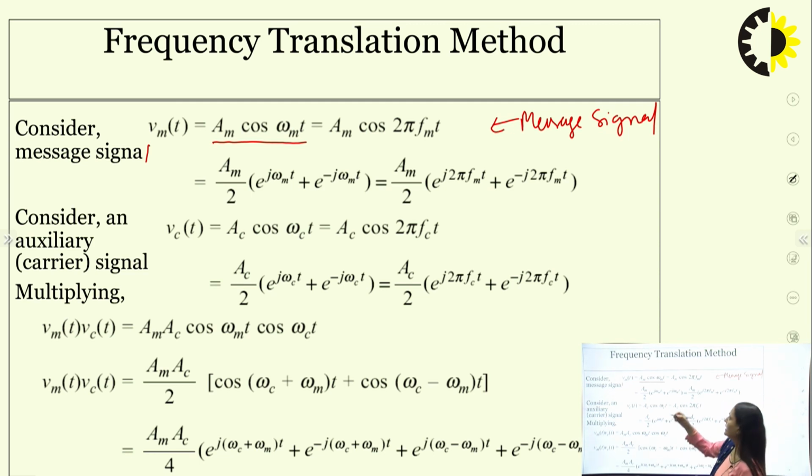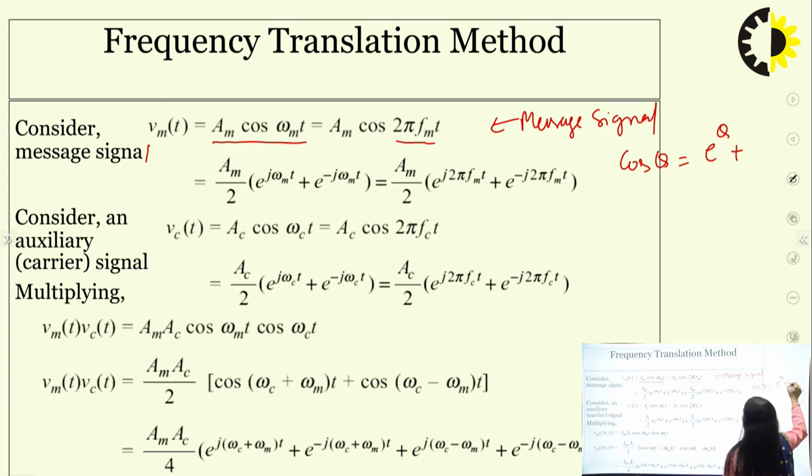It can be further written as Am cos 2 pi fmt, because omega is equal to 2 pi f. So this cos of theta can be written as e to the power j theta plus e to the power minus j theta, upon 2. So this formula I will use here, right?